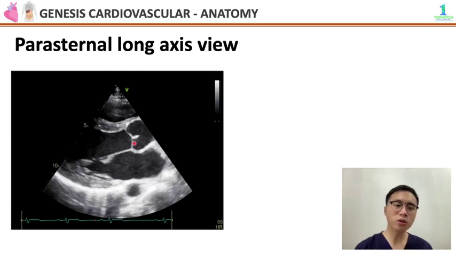Okay? So a good way for us to be able to roughly measure if the LA is dilated or if the aortic tract is dilated, no? They should be somehow similar in size. Okay? So parang ito, makikita natin, mukha naman siyang normal. Okay? This part right here would represent your interventricular septum.